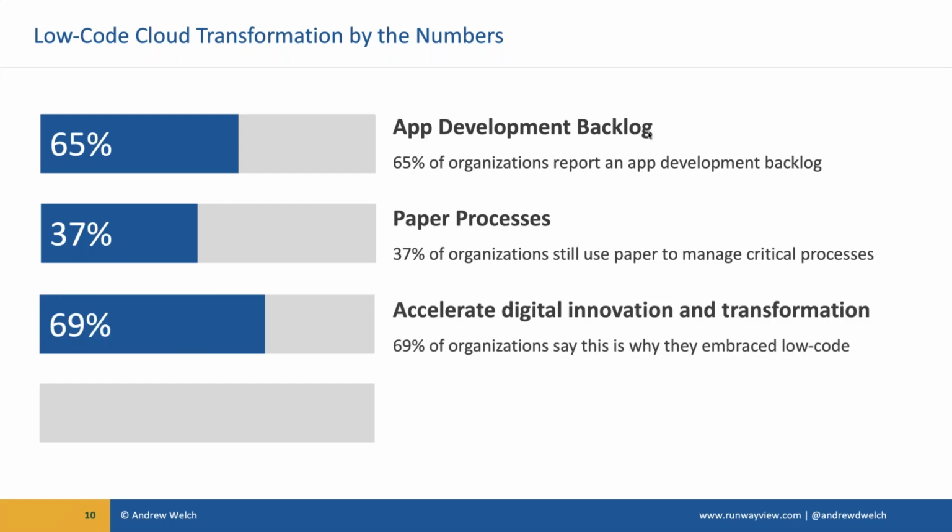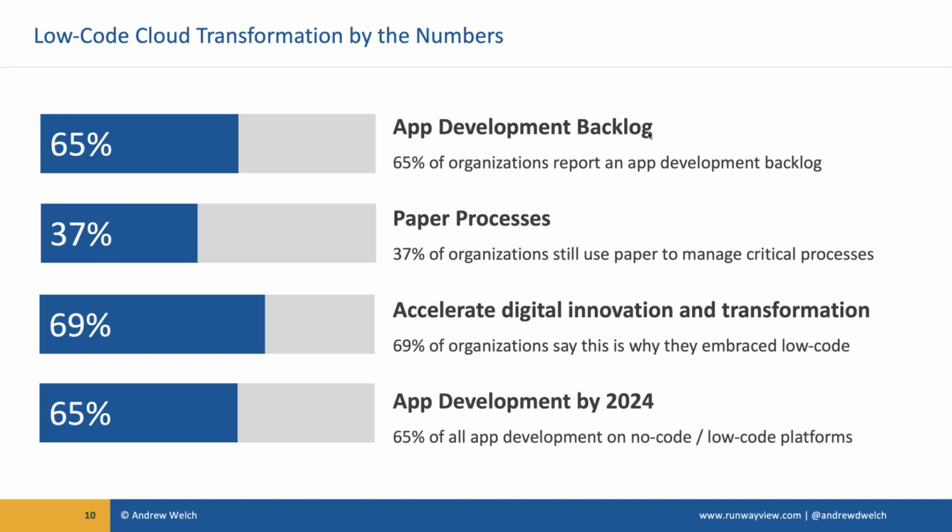69% of organizations are using platforms like Power Platform to accelerate their transformation as organizations. And my favorite number, and then we'll be done with numbers, I promise, 65% of all app development by 2024 will be happening using low-code platforms like Power Platform.